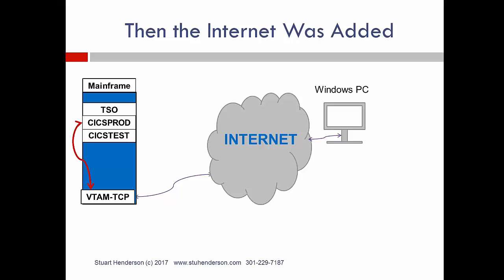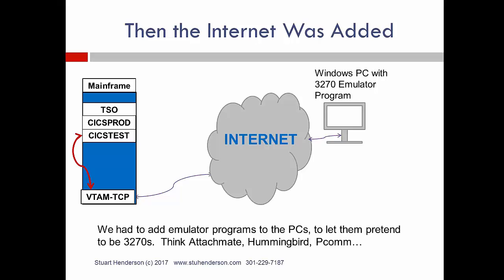They all still expect 3270 commands and protocols. So on our Windows computer, we now have an emulator program that tells your Windows computer, pretend that you were a 3270 terminal so that you can talk to CICS and TSO and the standard mainframe programs. All this going through the internet.